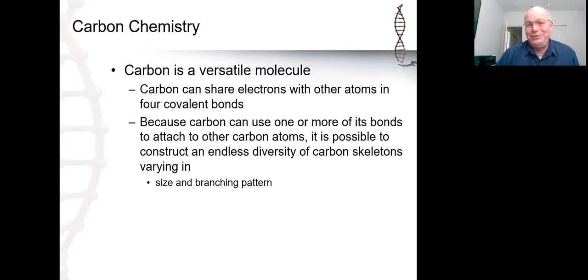And that is part of the secret for why it's carbon and not something else. The other reason, if we accept that it is the carbon's ability to form 4 covalent bonds, is that when we look at other elements that ought to be able to do the same thing.